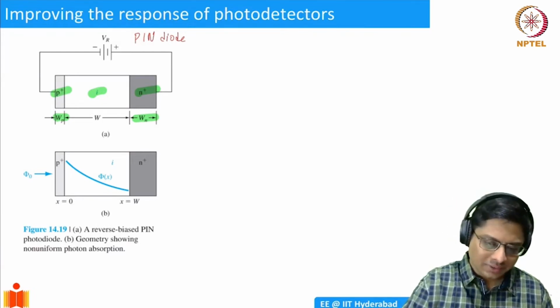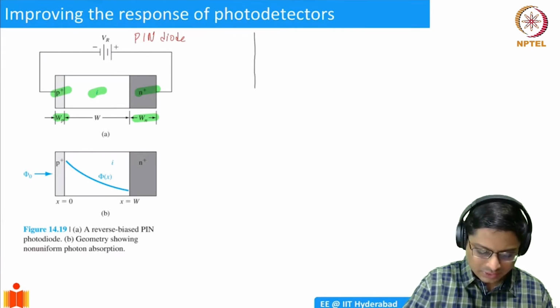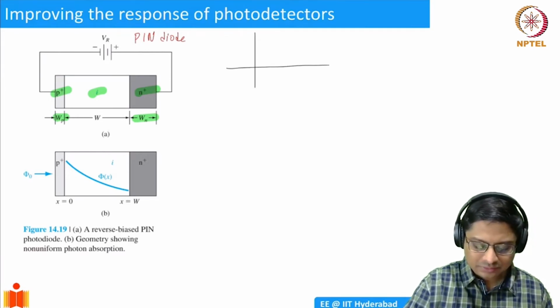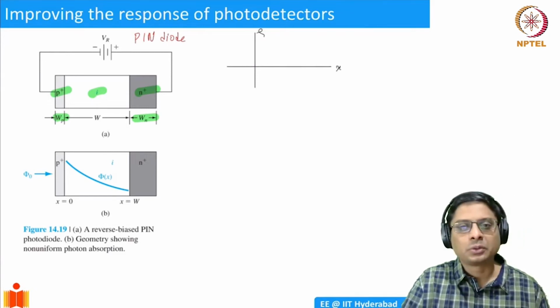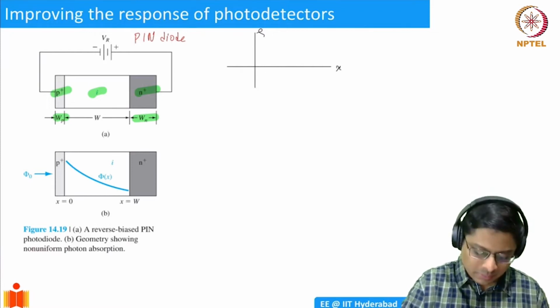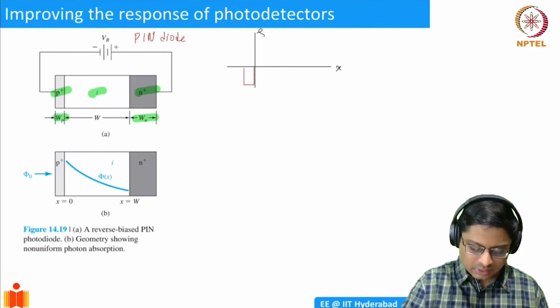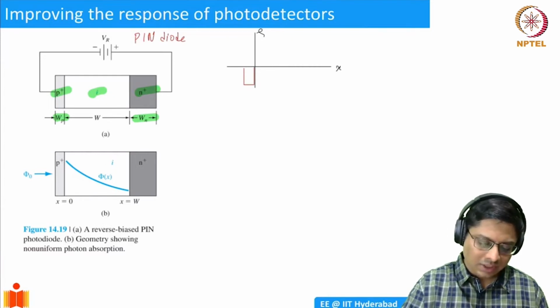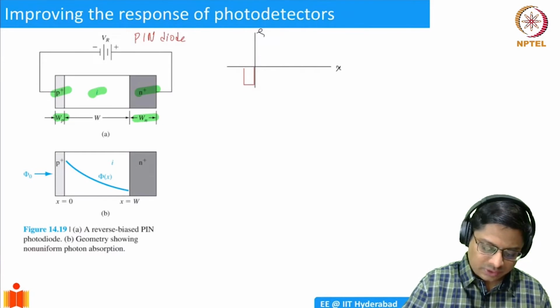To analyze that, we have done it multiple times in our PN junction analysis. So let's say you have X and then rho, the charge density, that I want to plot. You have a P-type region on the left. When it's depleted, you have space charge, which looks like this, with some width.